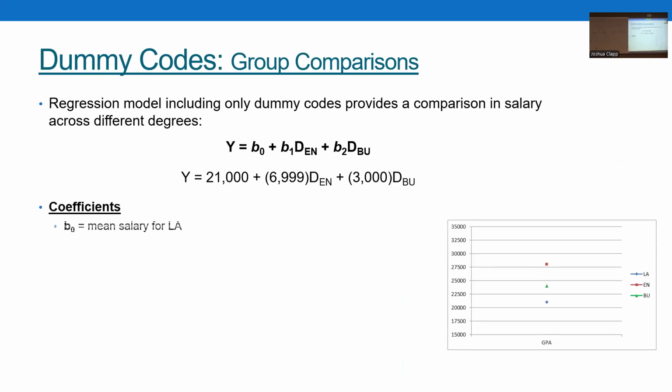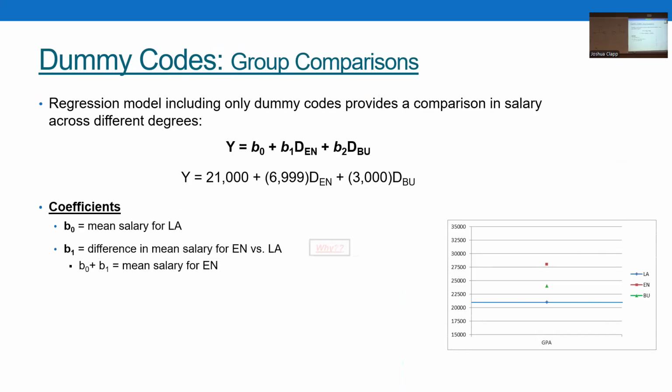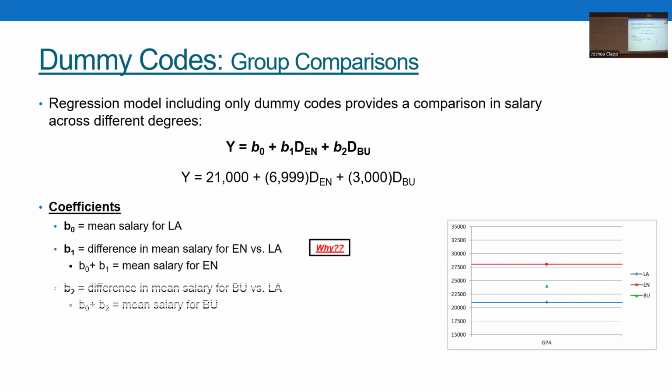So again, what we've got is the intercept, mean salary for liberal arts. V1 is the difference in mean salary for engineering and liberal arts. Same thing here. So we don't really have a slope, right? These are just differences in levels across this. Jack, what did I just run here in our regression environment?